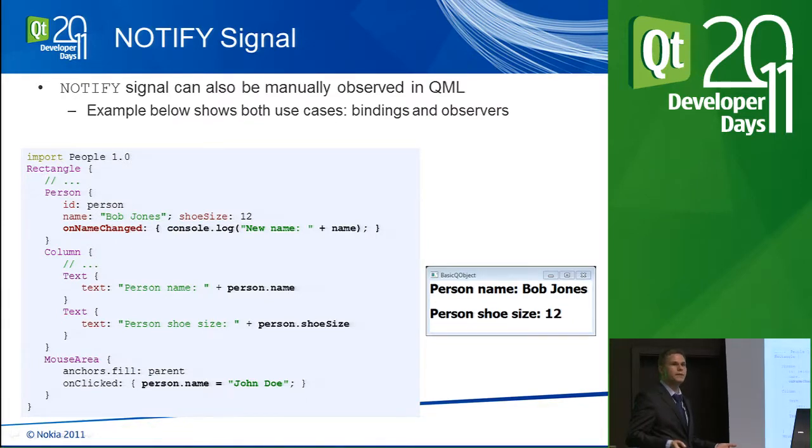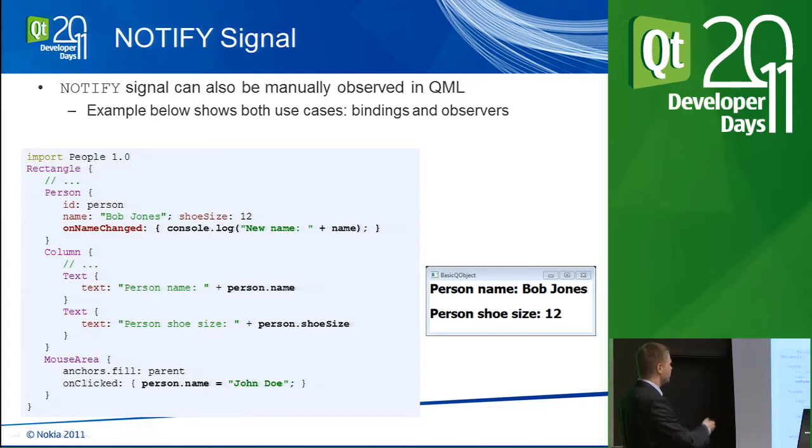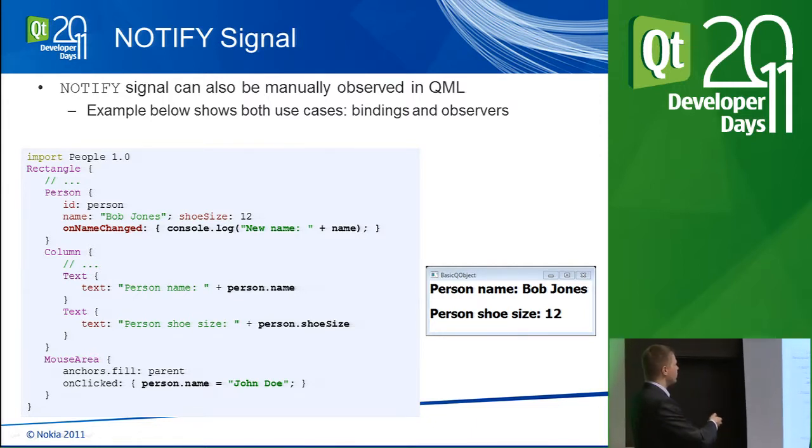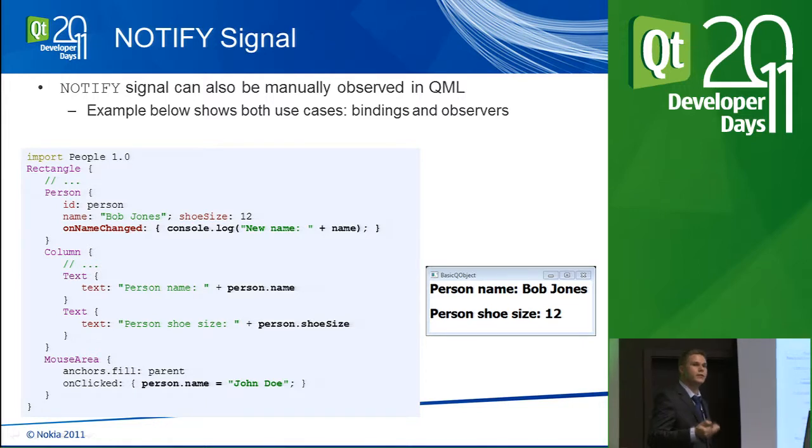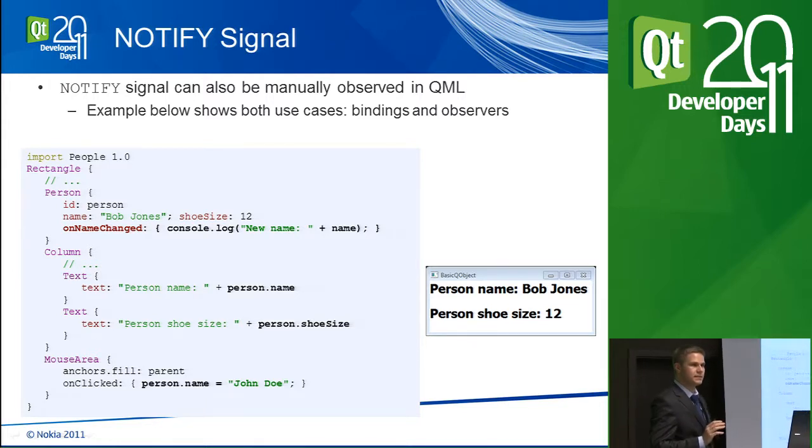So what does it mean on the QML side? In QML, we are using our Person as an element, just the same as any other QML element. What we need to remember to do is to import our module, People 1.0. Then we have the name and the shoe size, the properties that we defined in C++, and they are now available in QML.